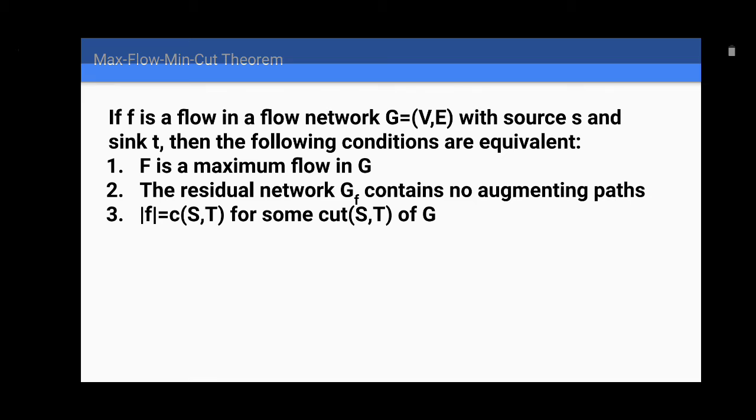And the third statement is the flow value is equal to the capacity of some cut (S, T). Now these three are equivalent, meaning they simultaneously hold. In any flow network, these are going to hold simultaneously. F is a maximum flow; in that case, there will be no augmenting paths, and in that case, the flow is equal to the value of the capacity of some cut.